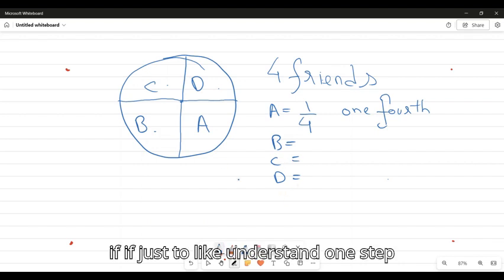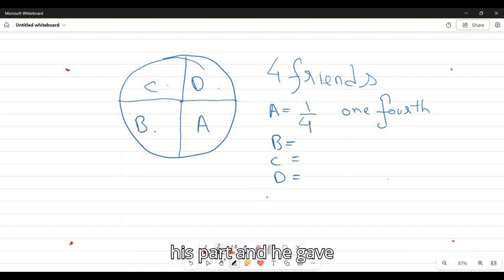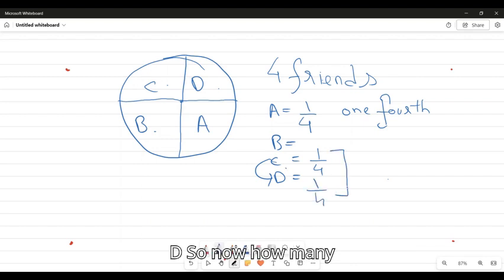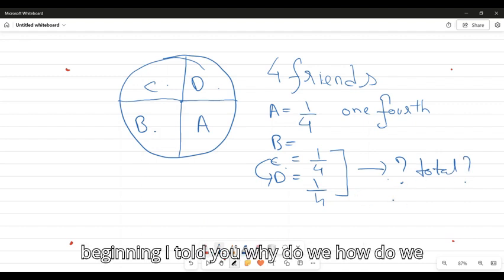Now just to understand one step more, C did not want to have his part, and he gave his part to D. So 1 by 4 part of C and 1 by 4 of D. Now how many parts did D have in total? That is the question now. So in the beginning I told you how do we operate?